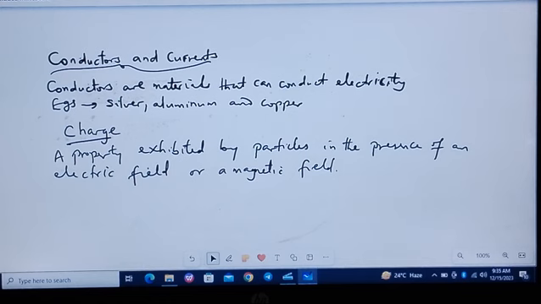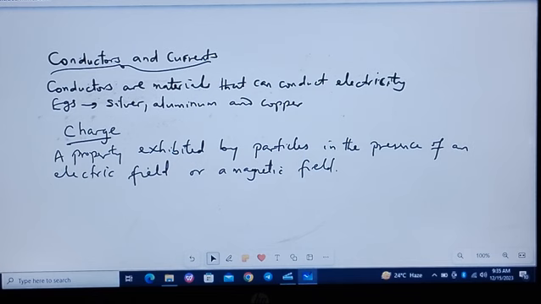Without going further on that, we'll define current based on this charge, because for you to talk about current, it implies that there must be movement of these charges from one point to another.